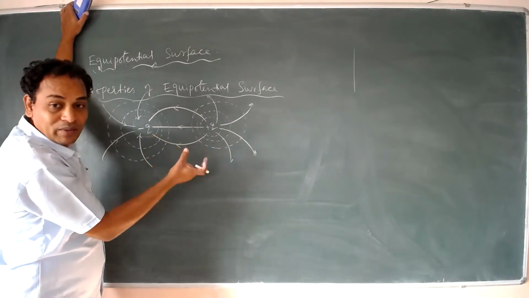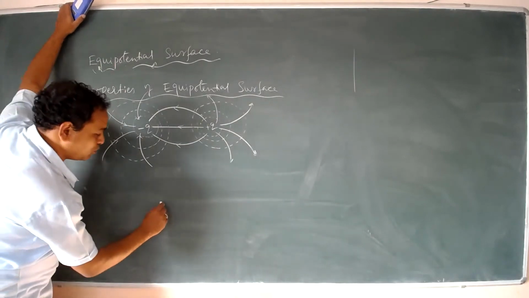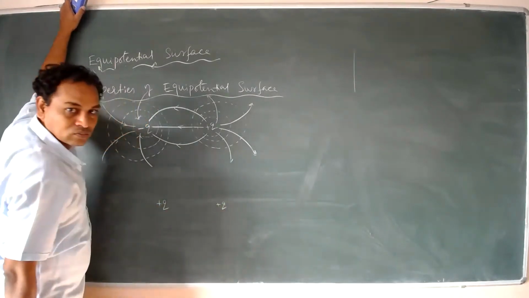Now, a second time, if I take two positive charges, what will happen? See, suppose this is a positive charge, and this is one more positive charge.